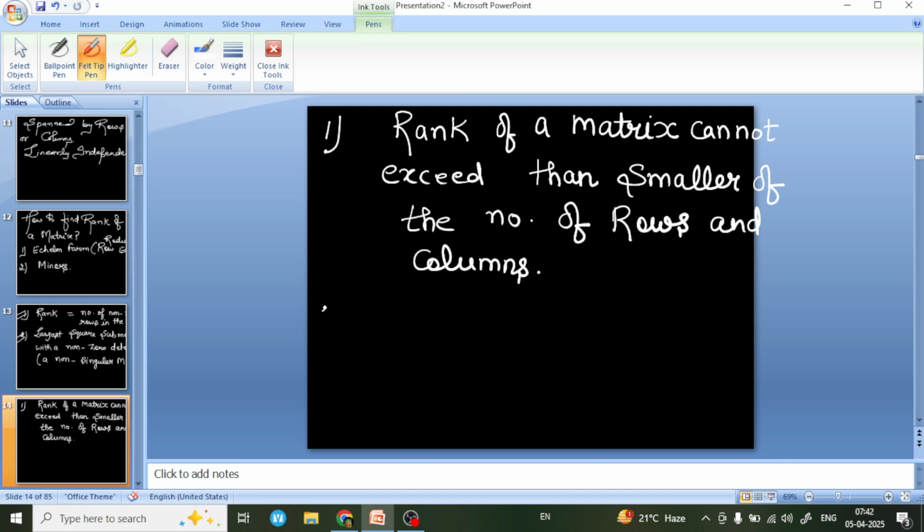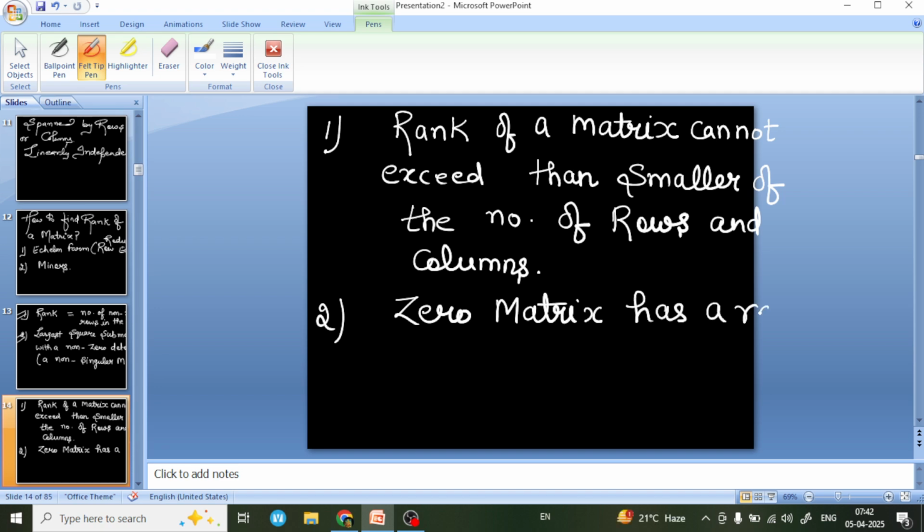Okay. Second point, you should keep in mind that a zero matrix has a rank of 0.